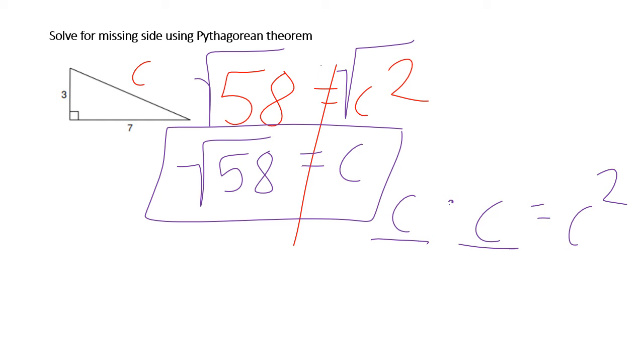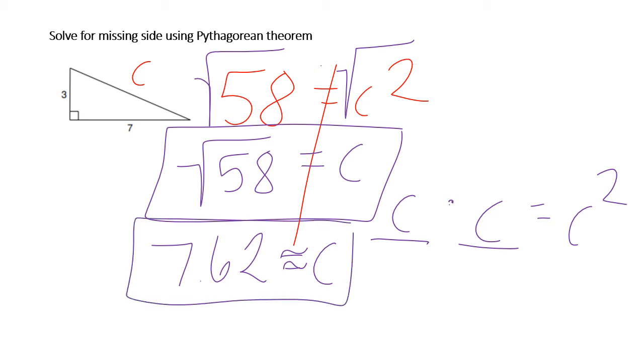However, if you did want to put it in a calculator, you would get c equals approximately 7.615, but I'm going to round it to 7.62, and you'd want to make these approximately. So this is an approximation, sort of like 2/3 would be 0.6 with a line over it, but the real answer is just going to stay at square root of 58 equals c.